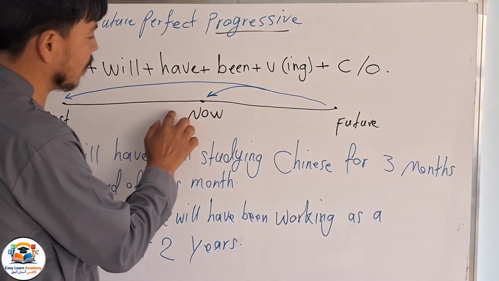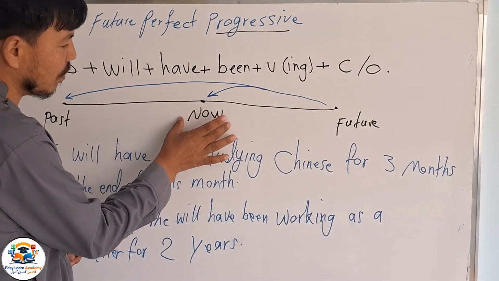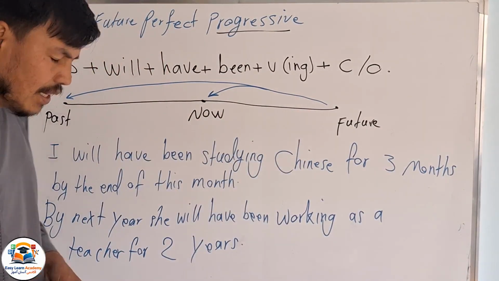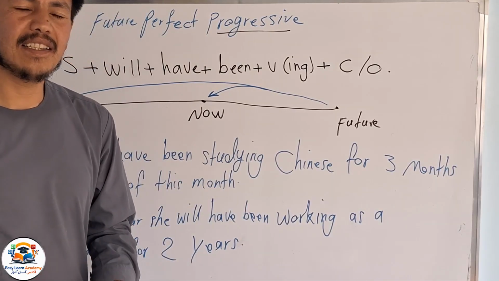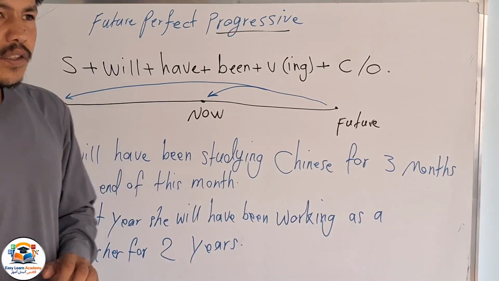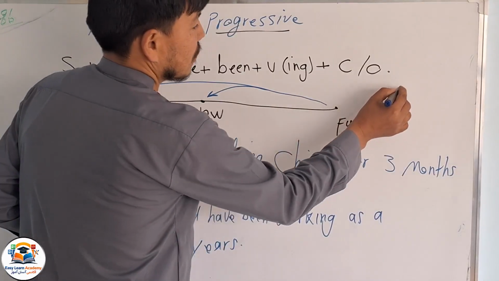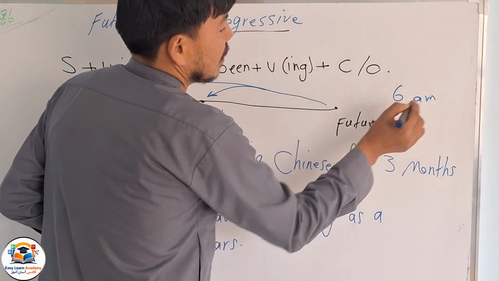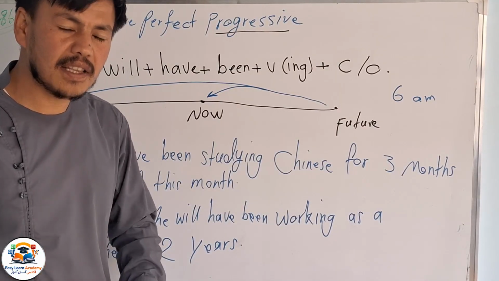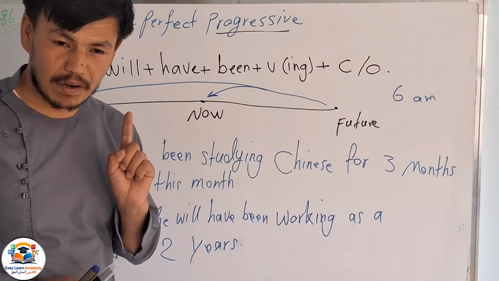Suppose this is the timeline. Here is past, now we are here, and this is future. Let me give you one really daily life activity example. Suppose you started working at 6 a.m. in the morning and now it is 6 in the evening. So how many hours have you been working? 12 hours.